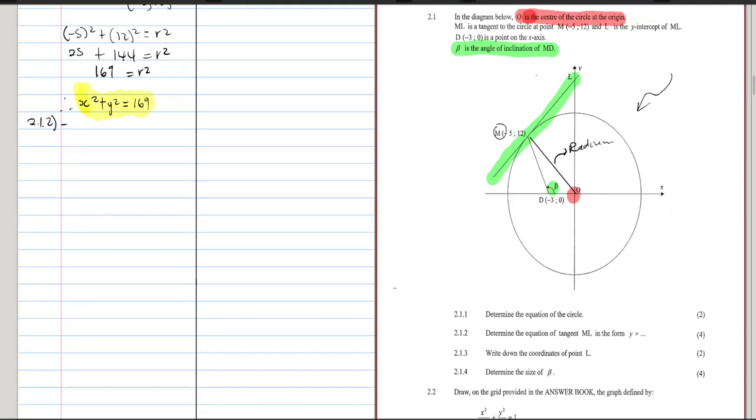We are given another case where we have to find another equation of a straight line. This time around it's a tangent. Again, the tangent is a straight line. To get an equation of a straight line, you need a point. We have one. Check.